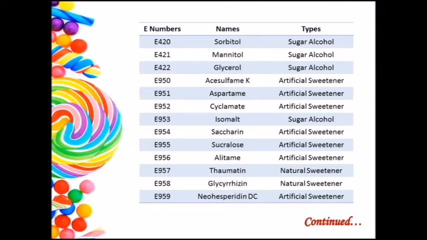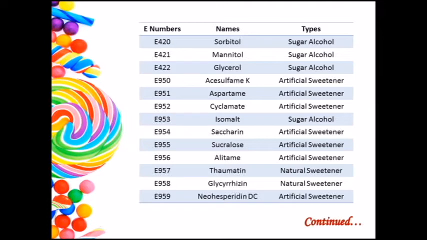Next, E954 saccharin is an artificial sweetener. So is E955 sucralose, and E956 is also an artificial sweetener. The two natural sweeteners in this table are E957 thaumatin and E958 glycyrrhizin.